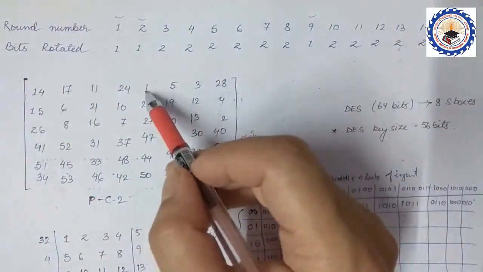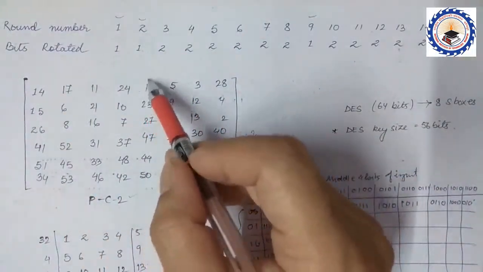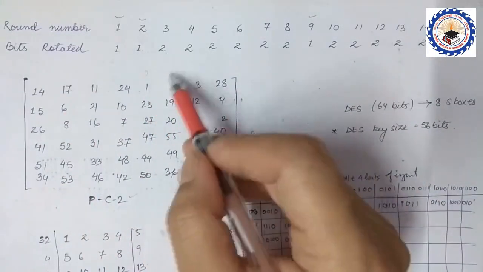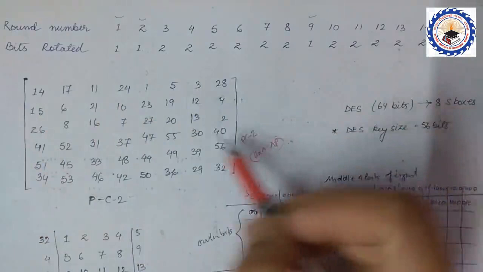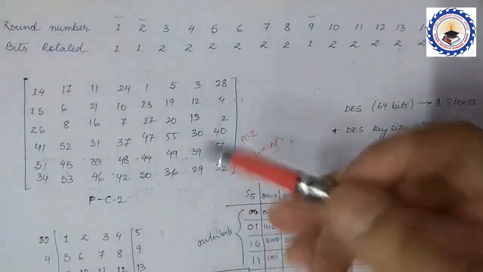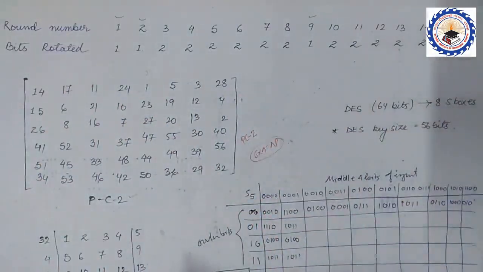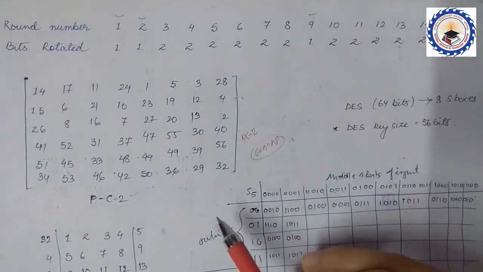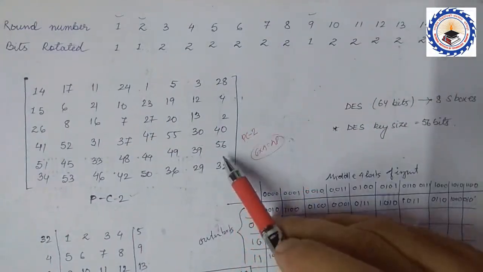What is the bit in position 1, either 0 or 1? What is the bit in position 5, either 0 or 1? You have to fill and use this table here, and the remaining bits we have to ignore. This is what we call permuted choice 2, or even the compression box.